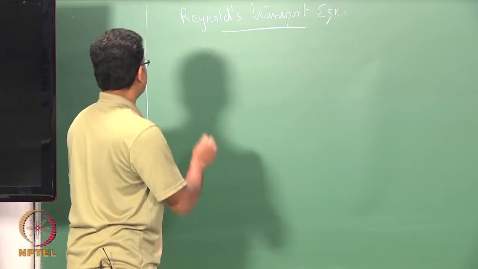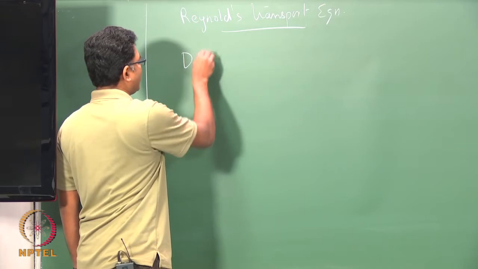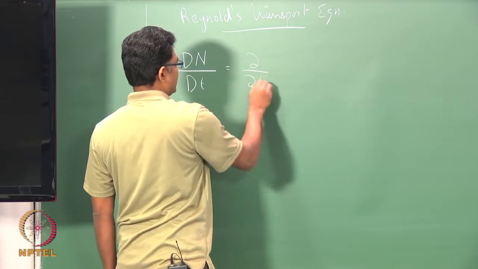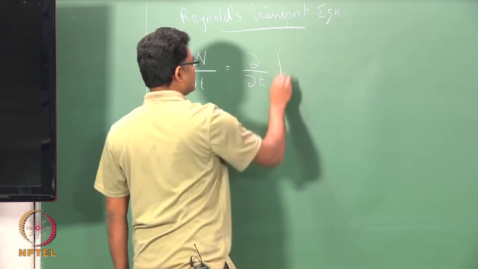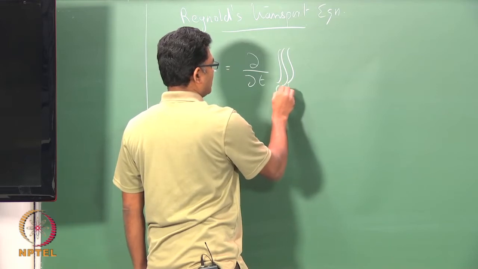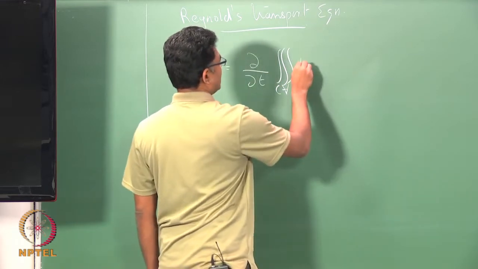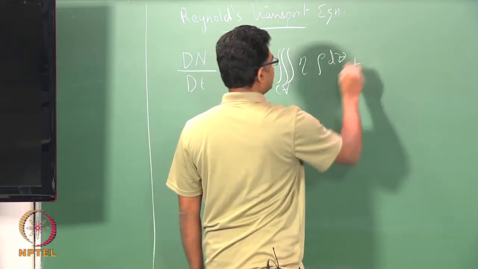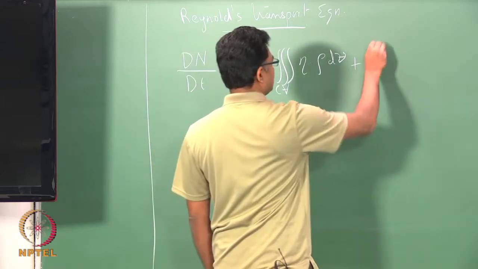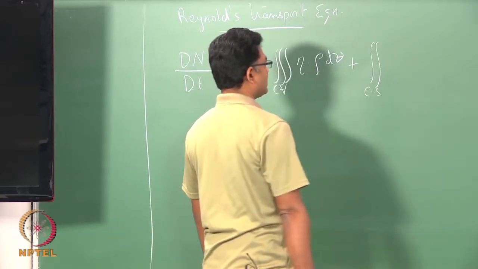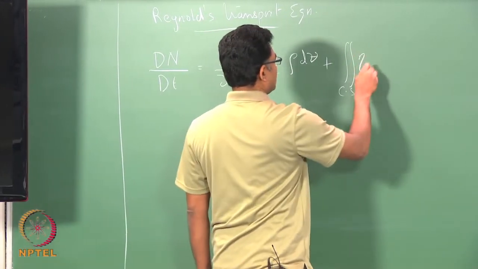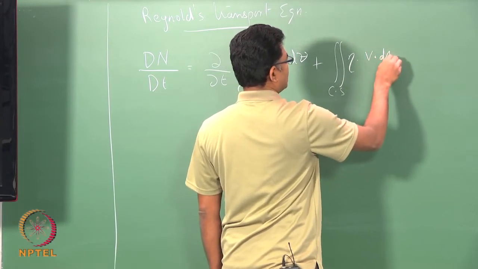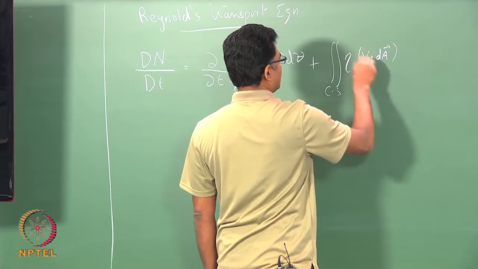Which relates the material derivative of any property N in the following fashion, which contains two terms, the unsteady component over the control volume, eta rho dV, plus the convective part integrated over the control surface, eta V dot dA into density.